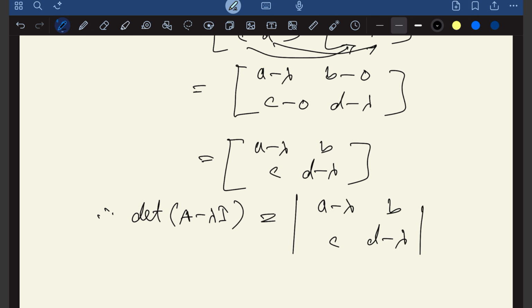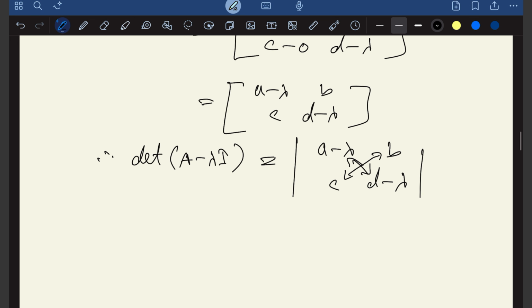You multiply this diagonal, then minus the product of this other diagonal. So the process is a minus lambda into d minus lambda, minus b into c. After finding the determinant of A minus lambda I, I have to equate it to 0, and then I can find the eigenvalues. So this is the way.